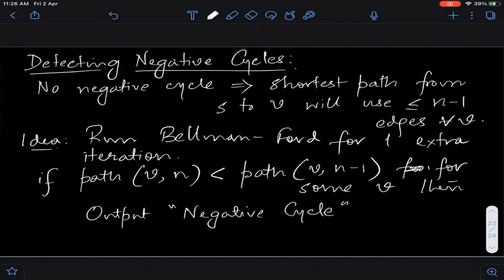Okay, importantly, otherwise output no negative cycle.